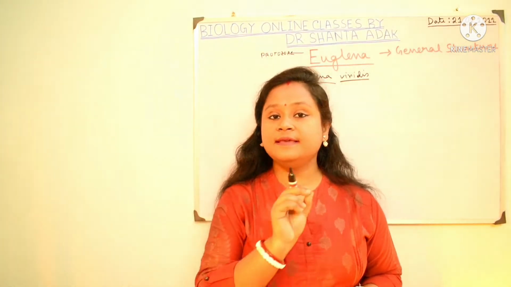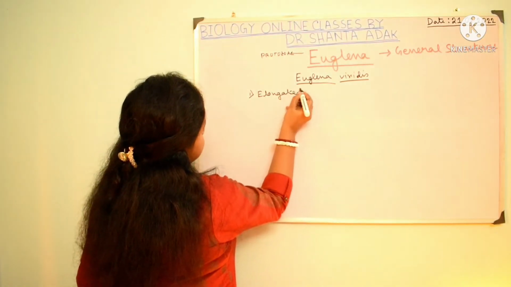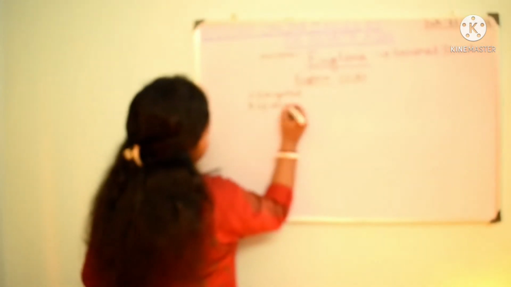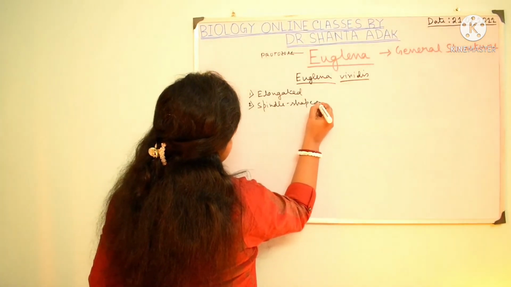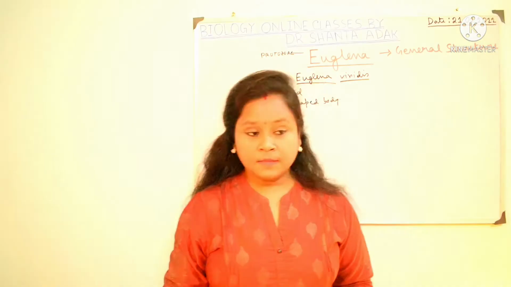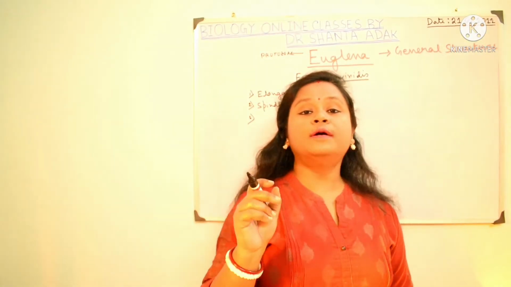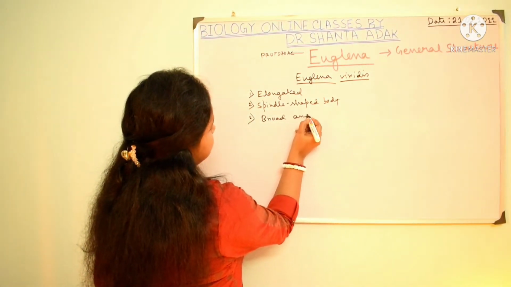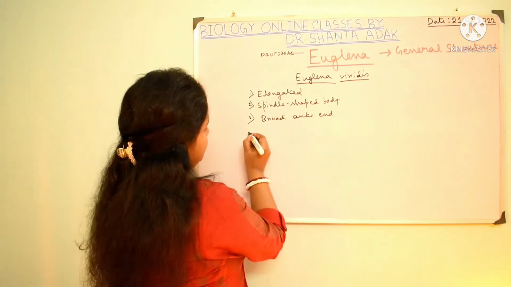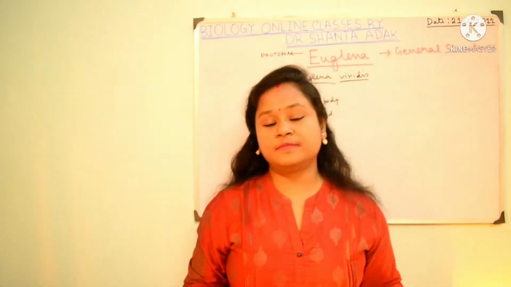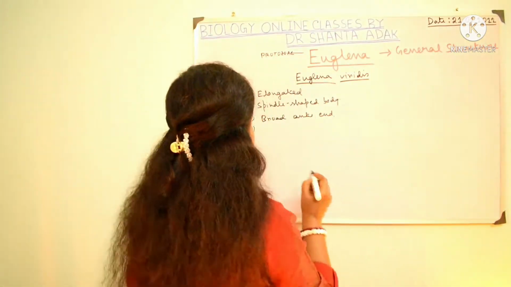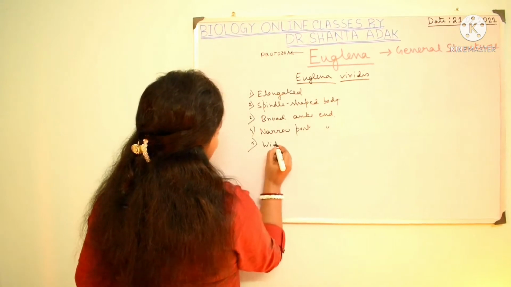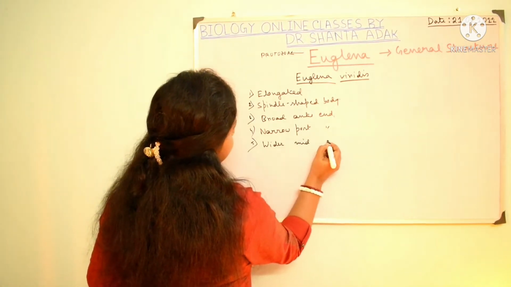Euglena viridis is elongated, with a spindle-shaped body. They have a broad anterior end, a narrow posterior end, and a wider middle part.